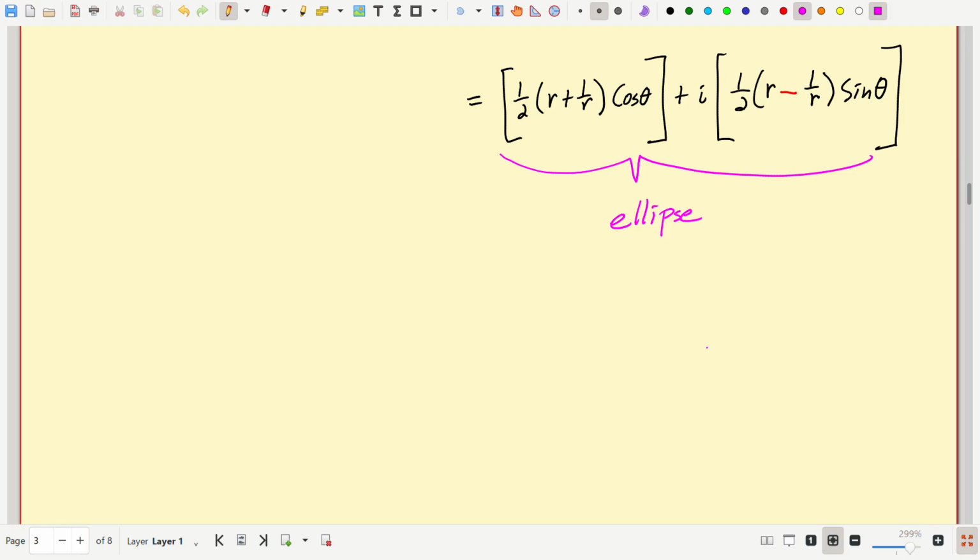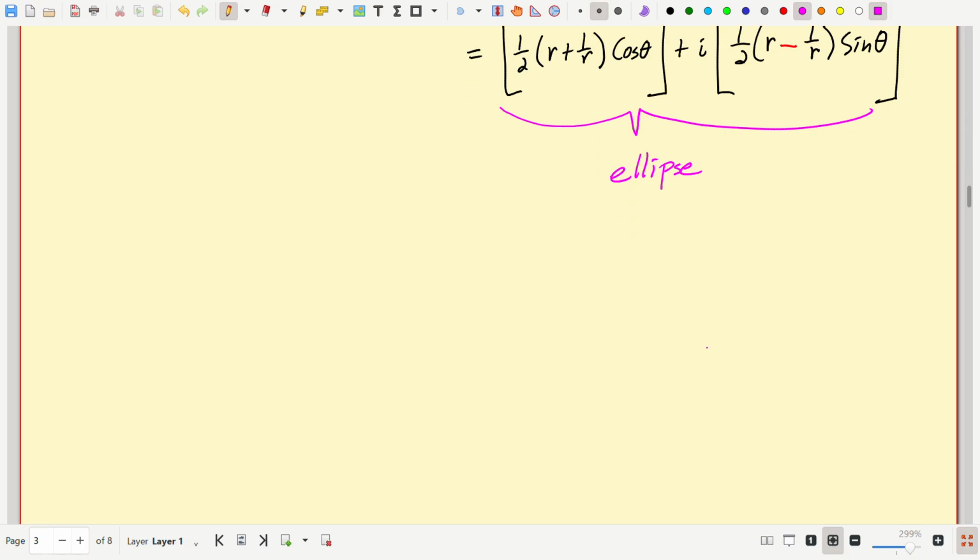When r is 1, I'd get 1 plus 1, 0. What the heck is that? Well, here's the picture. The unit circle, so this is minus 1, plus 1, and 0.